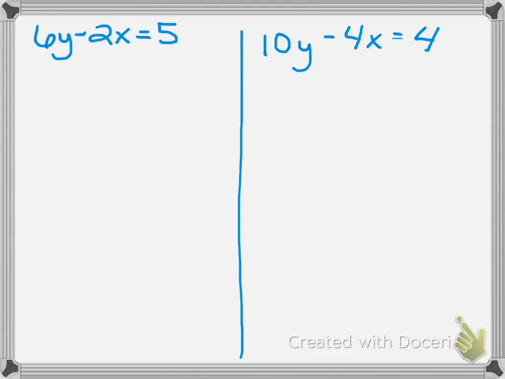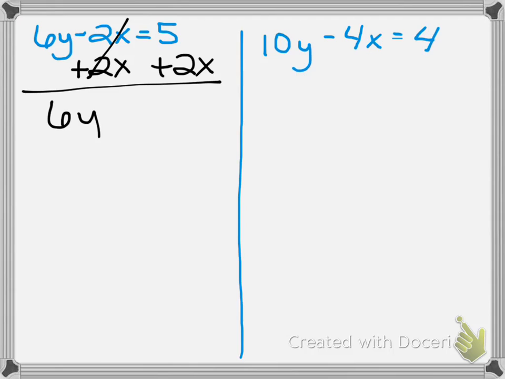Next, I have 6y minus 2x equals 5. I have to get rid of my 2x to get my y alone. So I'm going to add 2x to one side. What I do to one side, I do to the other. They will cancel out. 6y equals 2x plus 5.